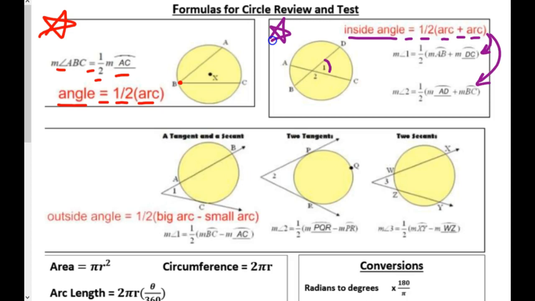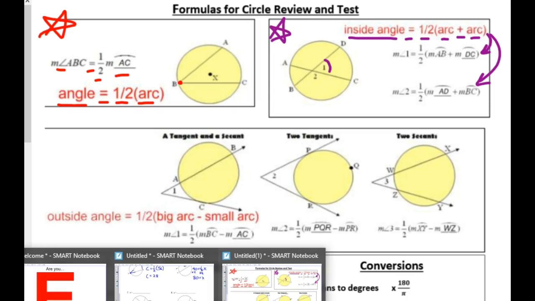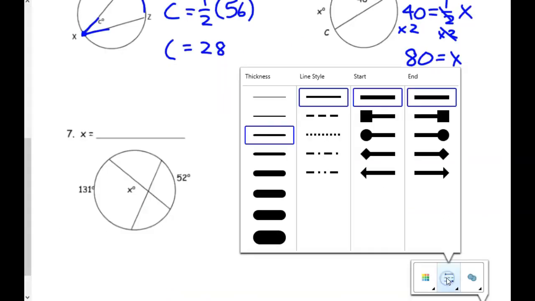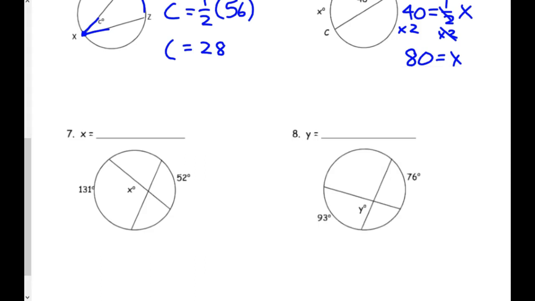Since that's the case, and we did that on one of our assignments, we should be able to do this. It's going to be good. So, let's do it. First thing I'm going to write is the angle, which is x. I'm going to put an equal sign, then a half, parentheses, and then arc plus arc. 131 plus 52.